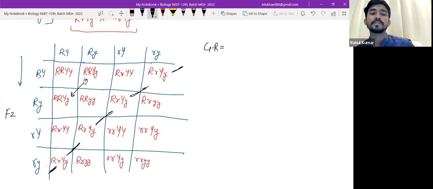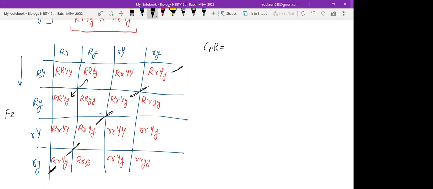Any other genotype which is same? Can you find out anywhere in the cross? Yes? Or no? Capital R, small y is common.